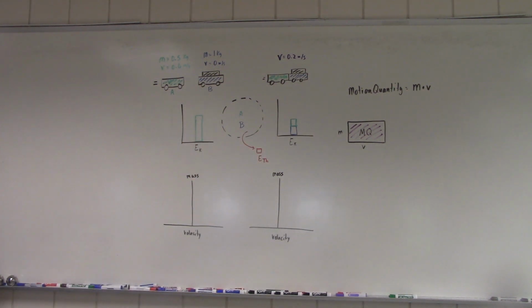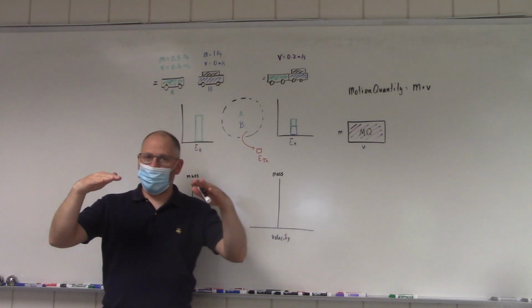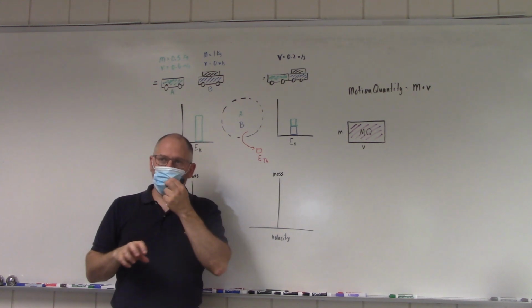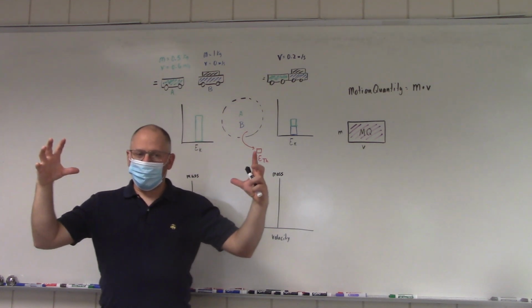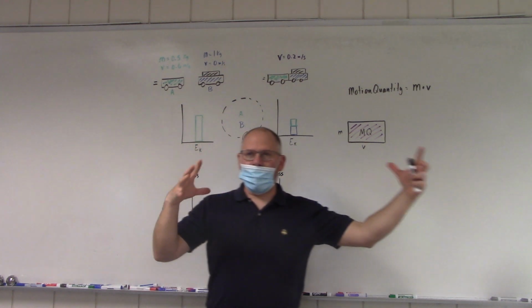I just had a question, not about the motion quantity, but about the situation if the two cars are repelling, the magnetic energy field thing? Yes. So if this is one of those where it comes in and they don't actually physically collide, but this one pushes this one through the magnetic field, as it comes in, energy is stored in the magnetic field and then released out of the magnetic field.